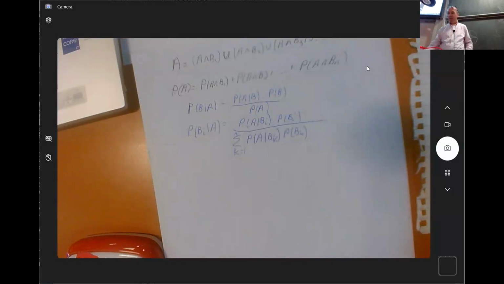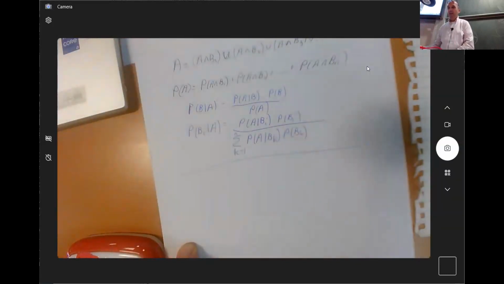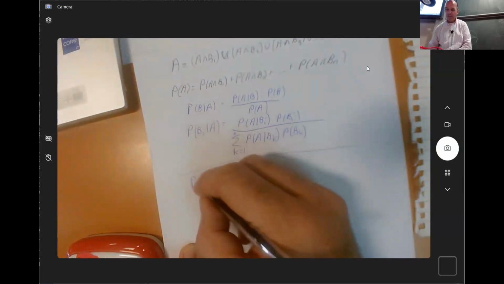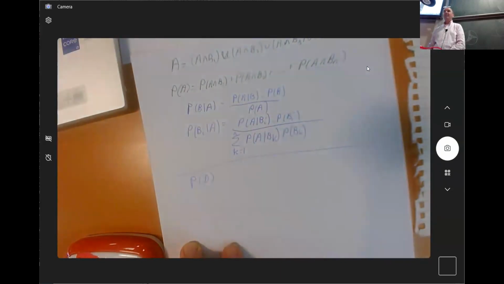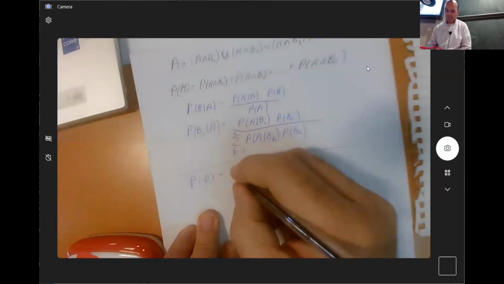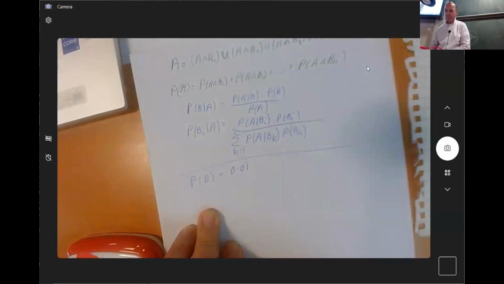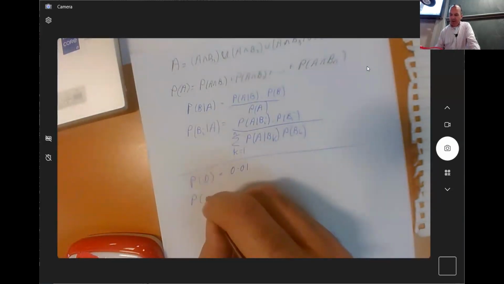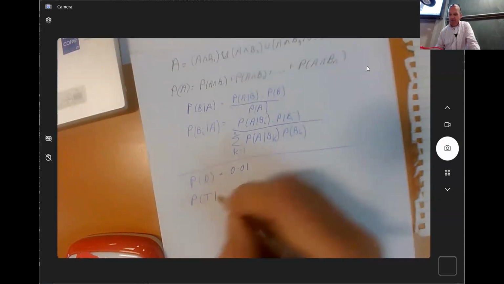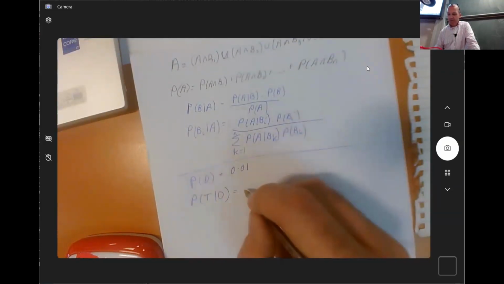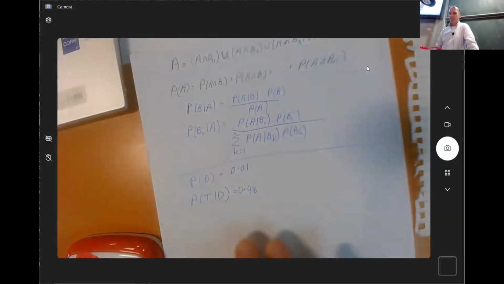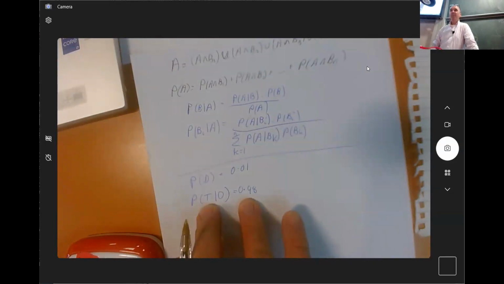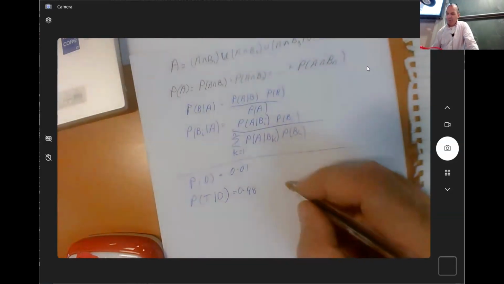So let's go back a little bit and pretend. The probability of having the disease in the population, let's say it's only 1%, 0.01, for argument's sake. Probability of testing positive, given you have the disease. These tests are quite good, so the probability I test positive, given I have the disease, is 0.1.